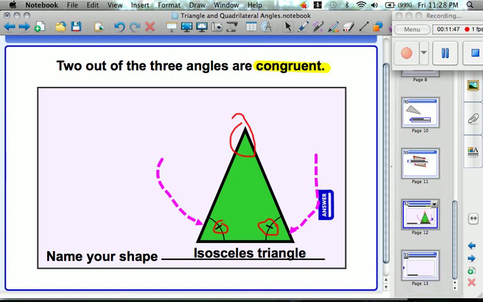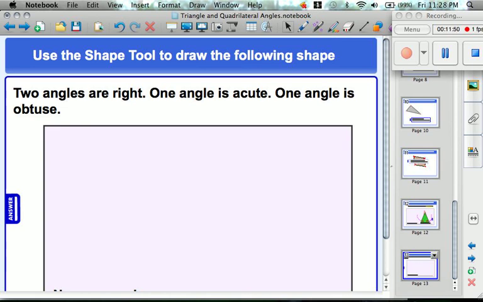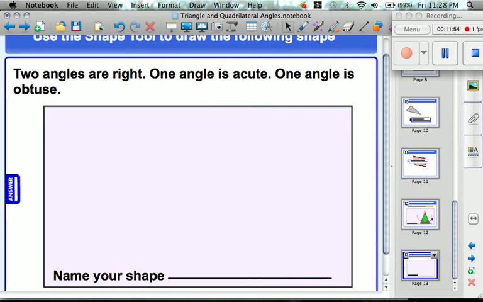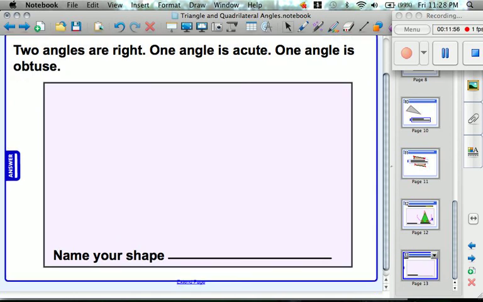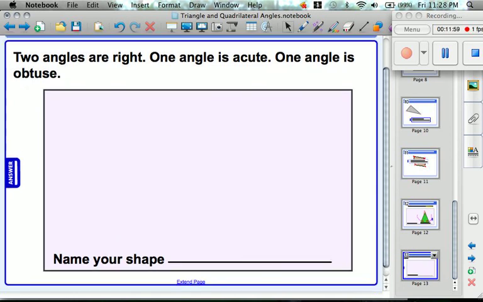Okay. Now let's work on a quadrilateral. Now this quadrilateral needs to have 2 angles that are right, 1 angle which is acute, and 1 angle which is obtuse. Once again, 2 angles that are right, 1 angle which is acute, and 1 angle that is obtuse. Okay.